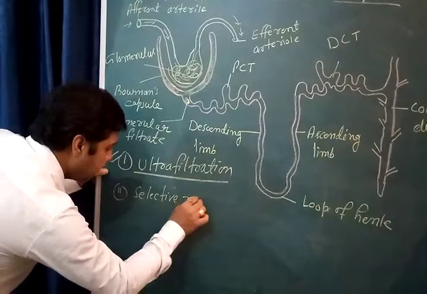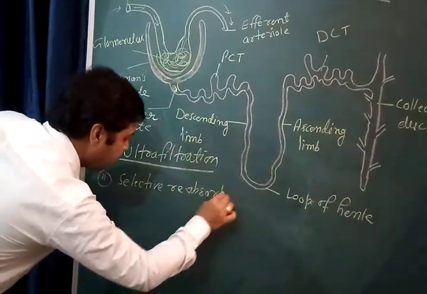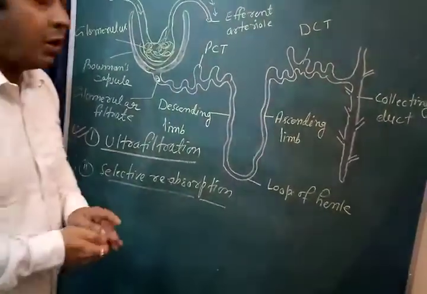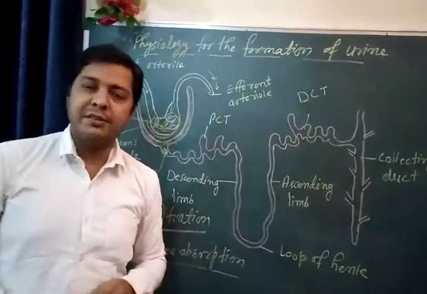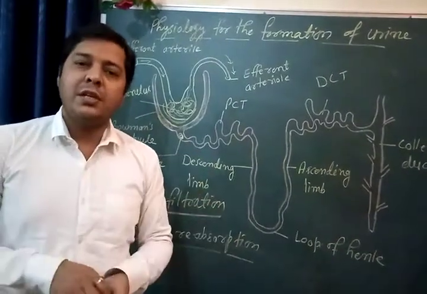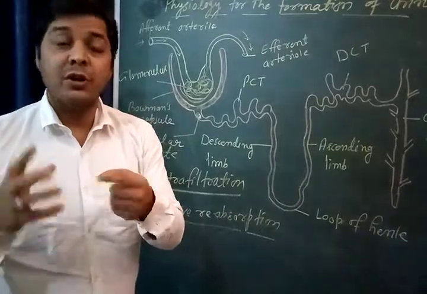Selective reabsorption. Now selective reabsorption starts from here. Children, what is the important part? Each and every organ of the human body is surrounded by blood vessels, maybe arteries, veins or capillaries.